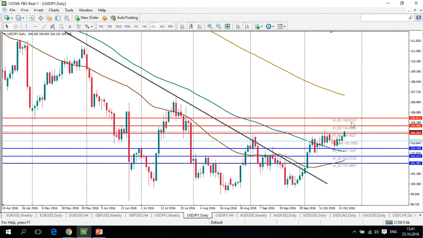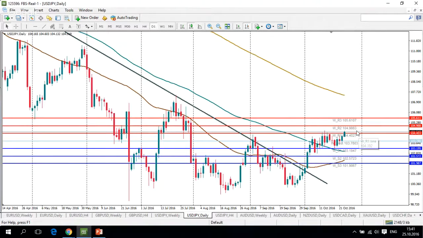And this is why the advance of the US dollar versus its Japanese counterpart is rather slow. We can see that this 50-day moving average is rising rather slowly. And I think that the ascent of the pair will be very moderate and slow without some sharp volatile moves.